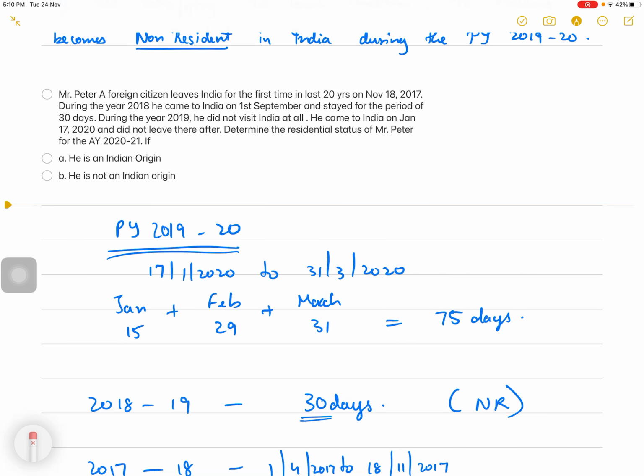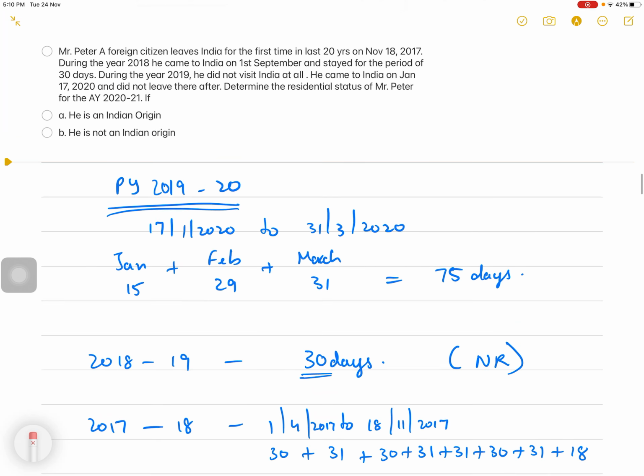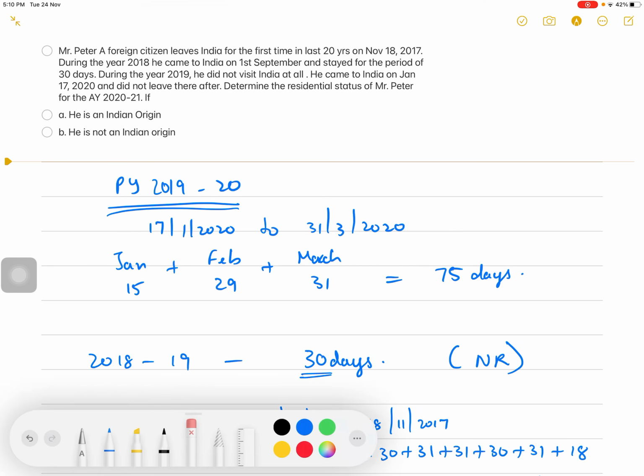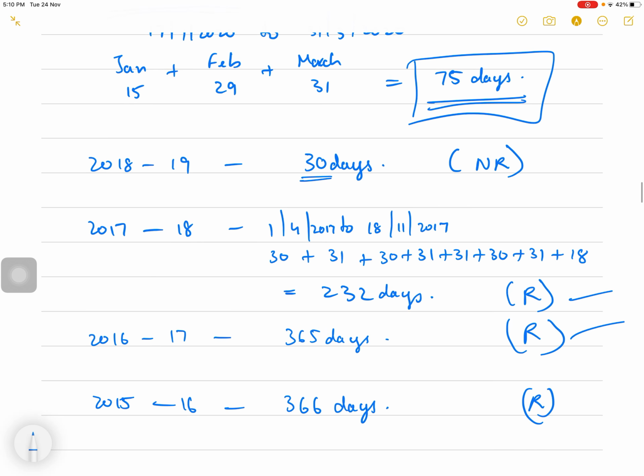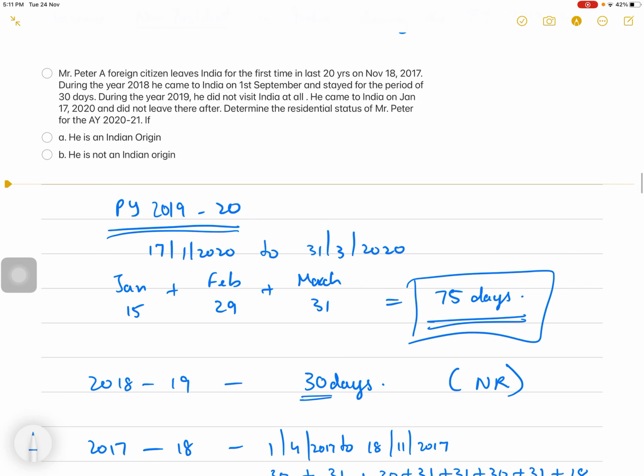Now you have calculated the number of days of stay in India for the previous year 19-20, and for the previous years 18-19, 17-18, 16-17 and 15-16. Now first part, he is of Indian origin. A foreign national of Indian origin has come to India during the previous year 19-20 for a visit, right?